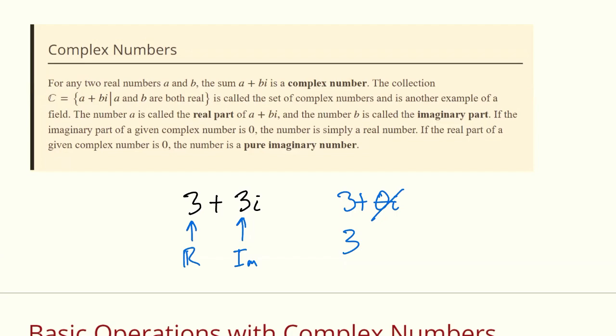Whereas if you had 0 plus 3i, notice once again, you don't have a 0 for the real. So this just becomes a pure imaginary while still retaining the complex number. Does that make a little more sense about what it's saying?